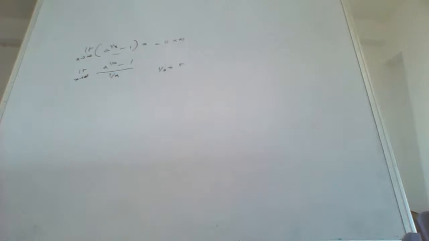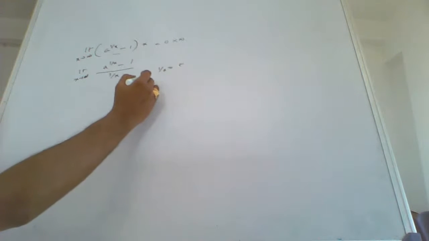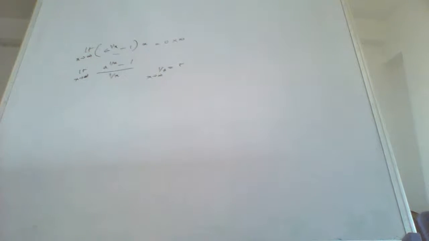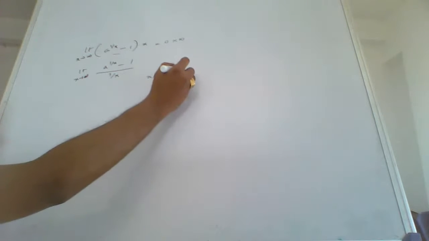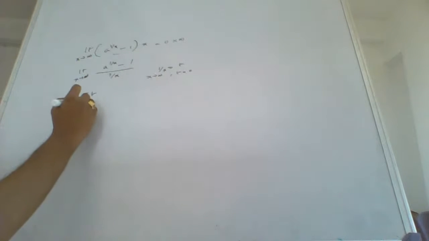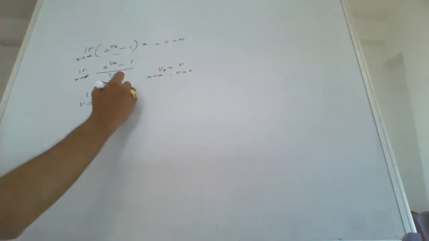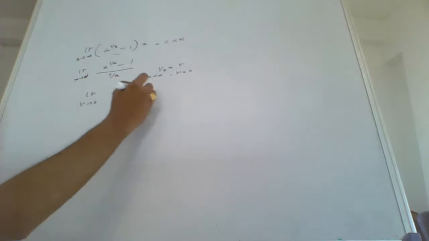If x is infinite, then t will be 0. I have changed the limits by changing the variable, so the limit would be as t tends to 0 of (a to the power of t minus 1) by t.